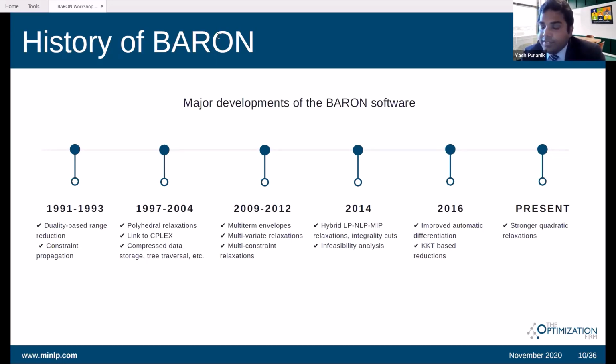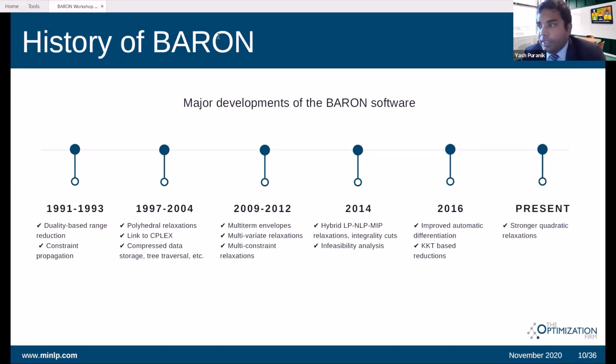Although that's very helpful in general, often these relaxations are not the strongest. In fact, I think it can be intuitively obvious to everyone that if you consider multiple functional terms at once, or if you consider multiple constraints at once, it might be possible to gain more information and build stronger convex relaxations. And that is what we focused on for a while.